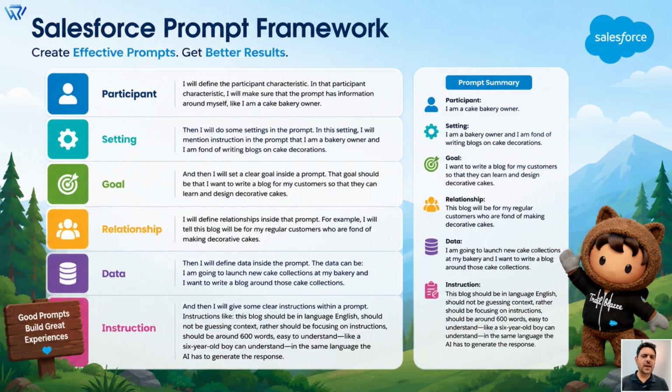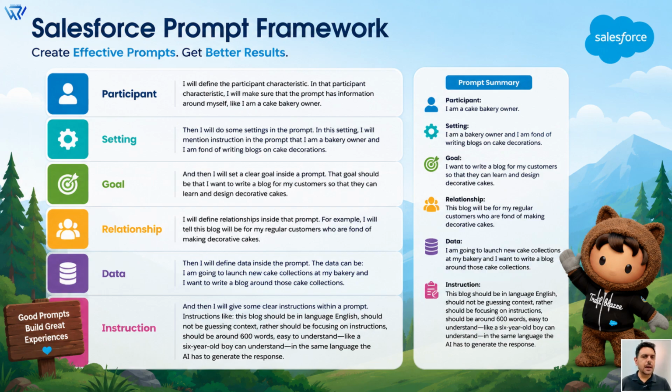Then I will define data inside the prompt. The data can be: I am going to launch new cake collections at my bakery and I want to write a blog around those cake collections. And then I will give some clear instructions within the prompt.